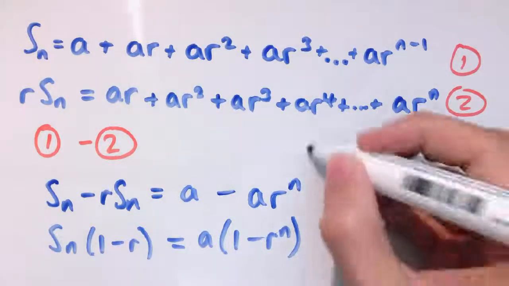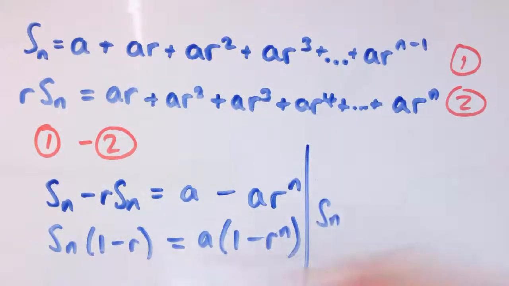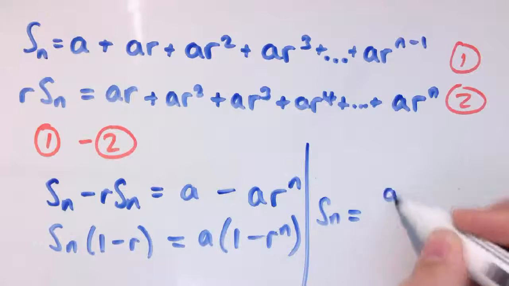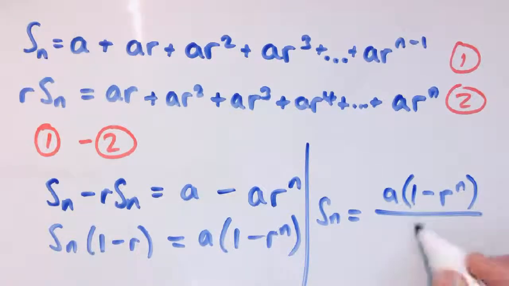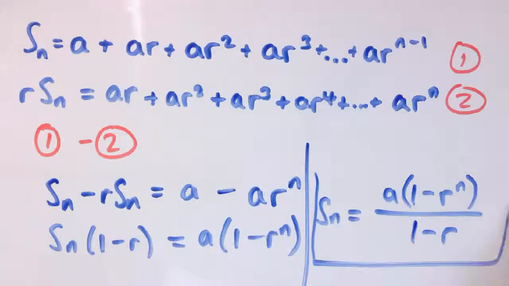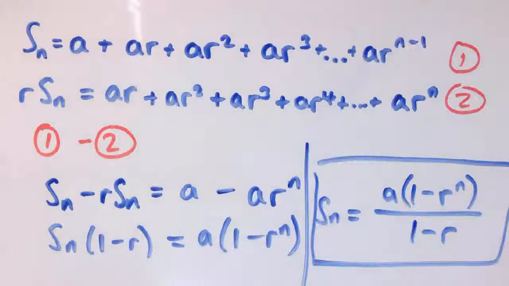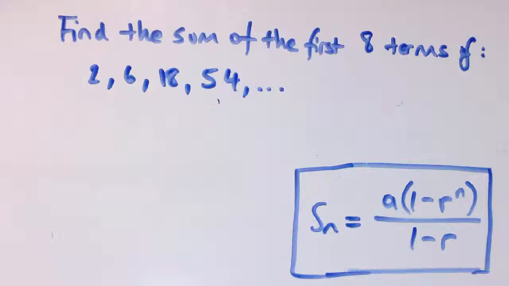So Sn equals a times 1 minus r to the n, divided by 1 minus r. That's a formula I can use to add up the first n terms of a geometric progression, as long as I know the first term, the common ratio, and how many terms I want to add up.